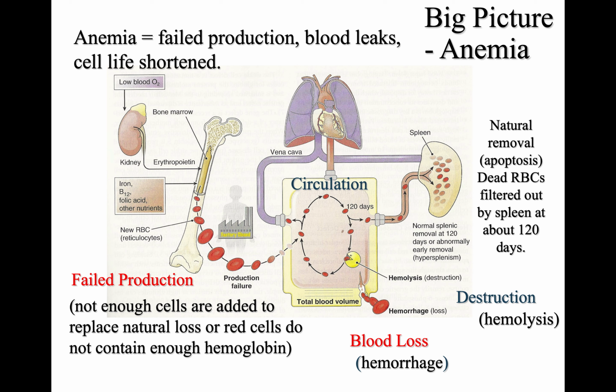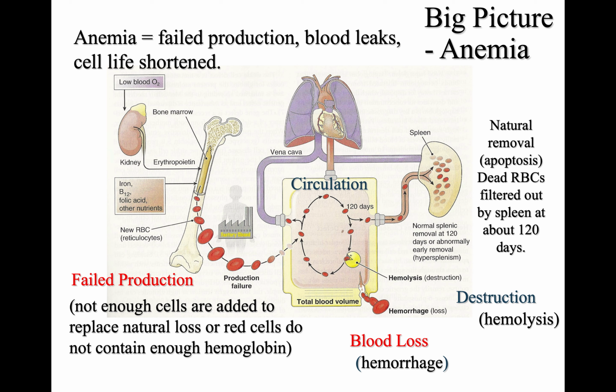Failed production, not enough cells are added to replace the natural loss of red cells. They don't contain enough hemoglobin through blood loss or destruction through hemolysis. Natural removal, and that's that term apoptosis that we know. Dead red blood cells are filtered out by the spleen at about 120 days. Sometimes they'll say 80 to 120 days. But if it's before that and exceeds what it's supposed to, it's the term hemolysis.